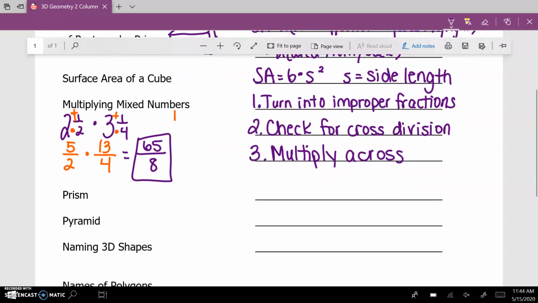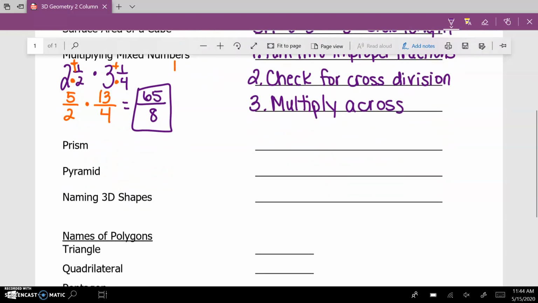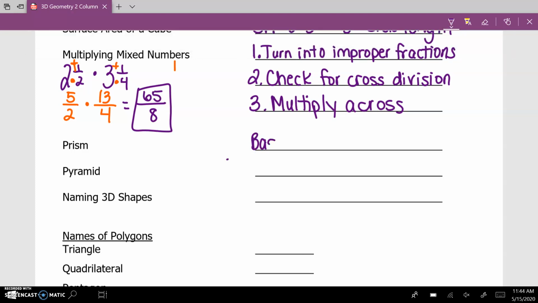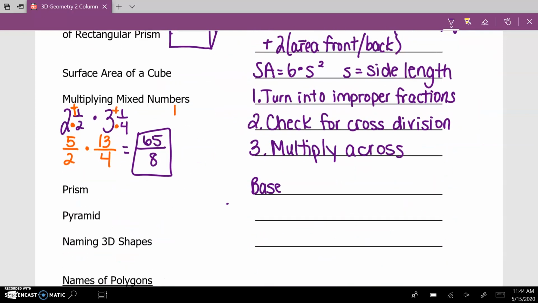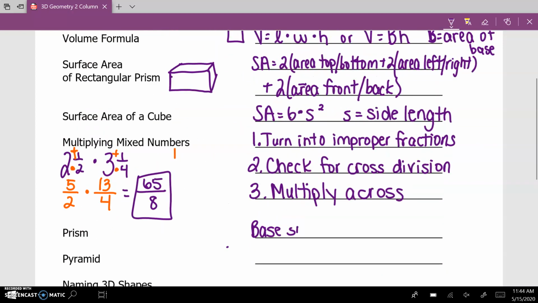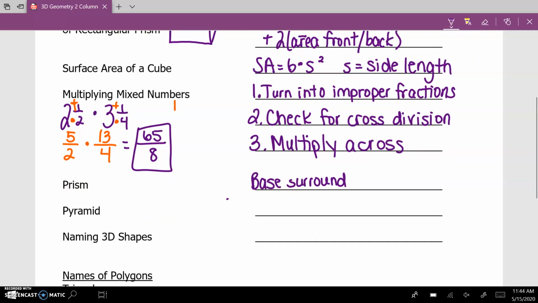Okay. And then the last bit is just all having to do with how we name shapes. So remember, a prism is where the base is surrounded by rectangles.